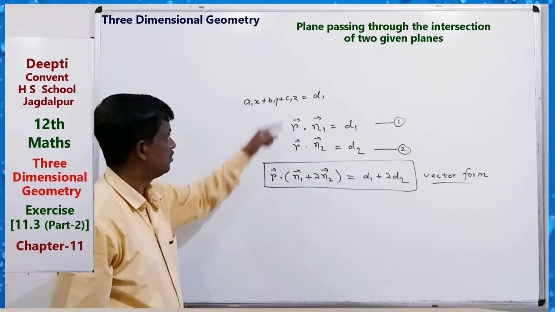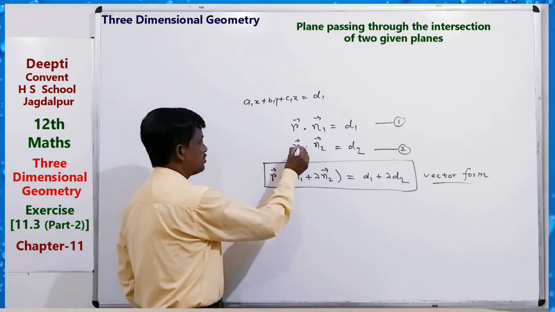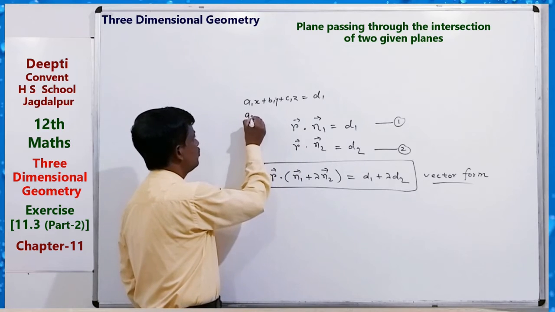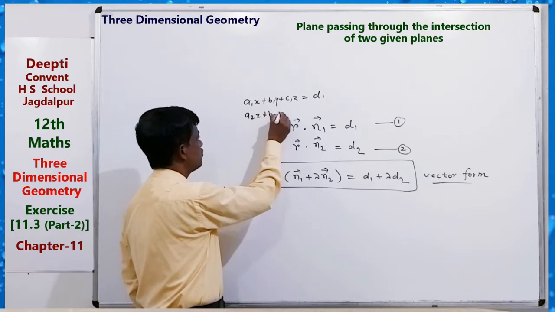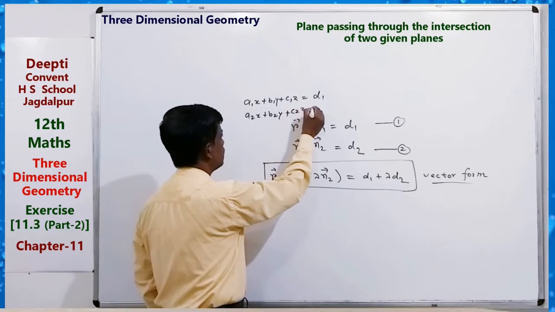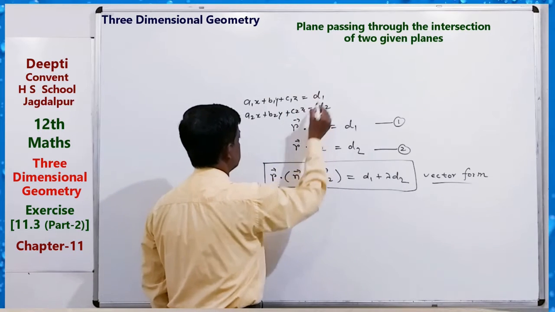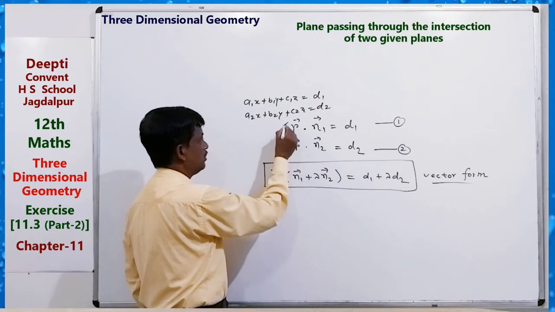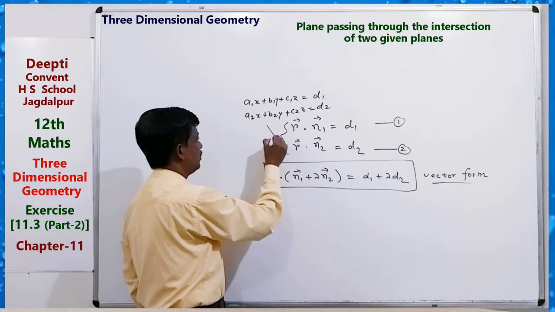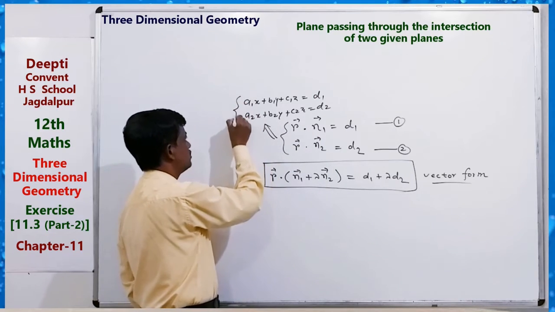It can be written in Cartesian form, and also a2x plus b2y plus c2z equals d2.